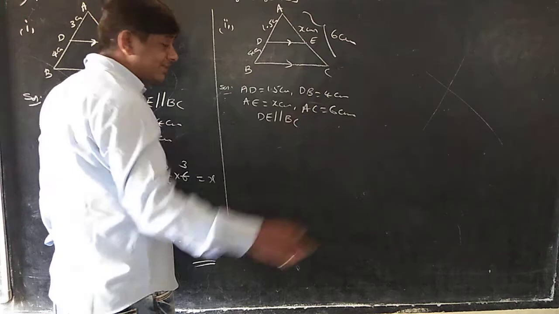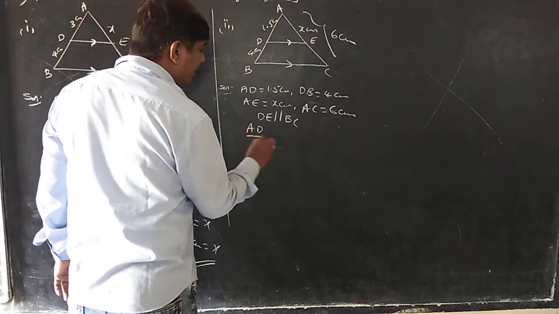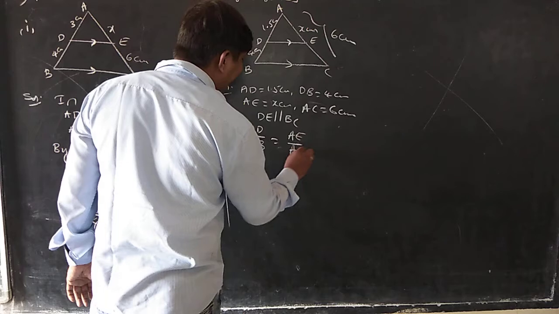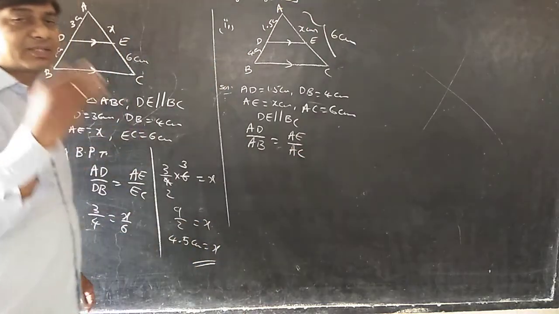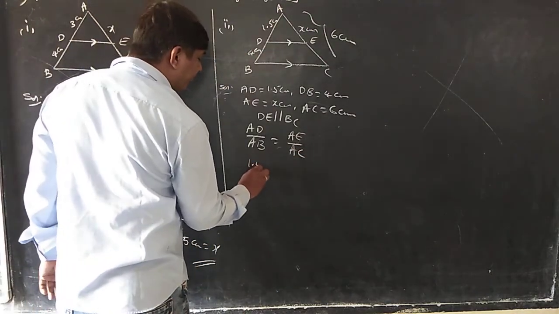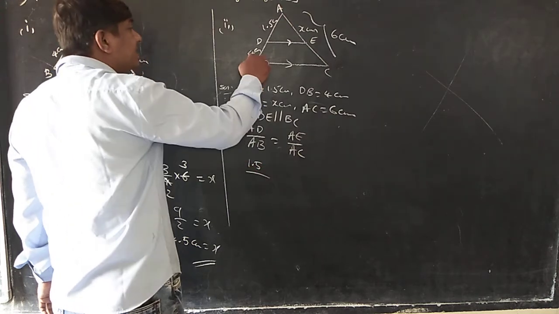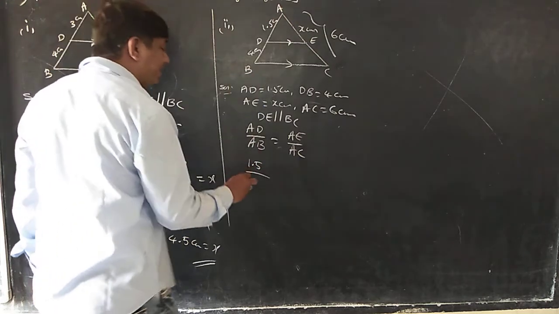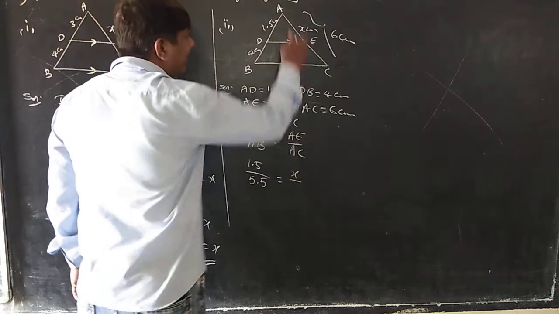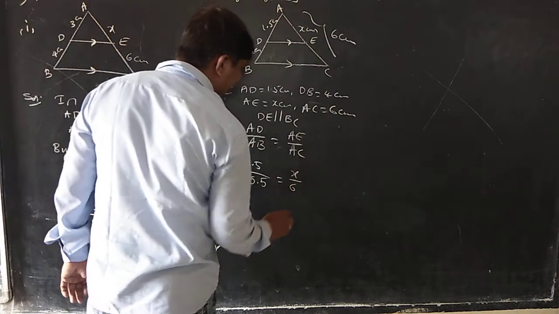Recall it. AD by AB is 1.5 by 5.5, it is equal to x by this total is 6.